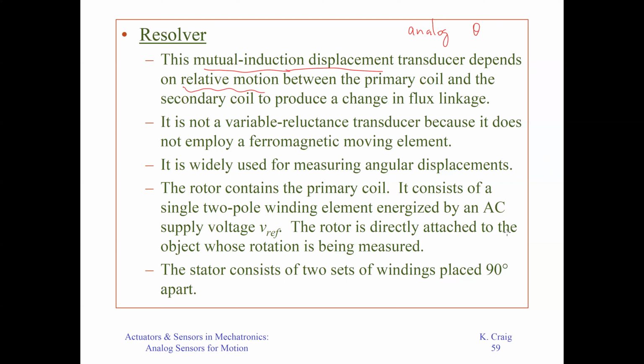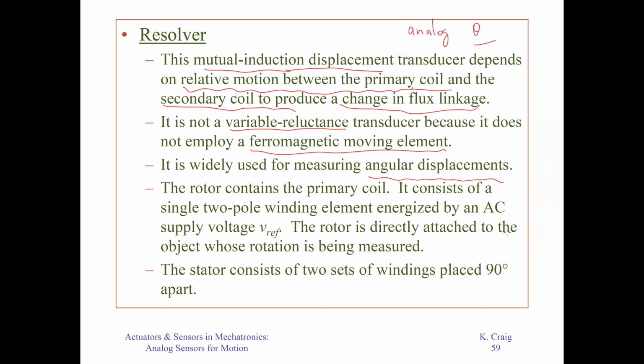You need a relative motion between a primary coil and the secondary coil, so you have a change in flux linkage. It's not a variable reluctance transducer because we don't use a ferromagnetic moving element. So that's a resolver, widely used in measuring angular displacement, theta.